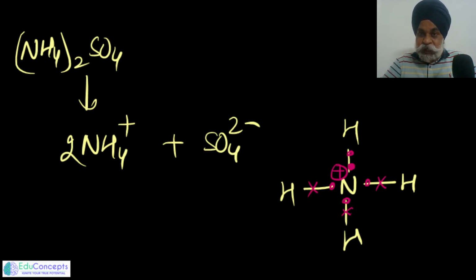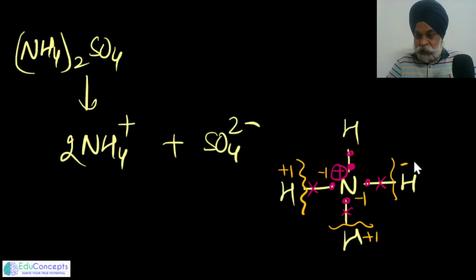Now since nitrogen is more electronegative than this, so this is plus 1, this is minus 1. From here also this is plus 1, this is minus 1. Oh, I wrote it reverse. This is minus 1, this is plus 1, and similarly from this bond also, this is plus 1, this is minus 1.